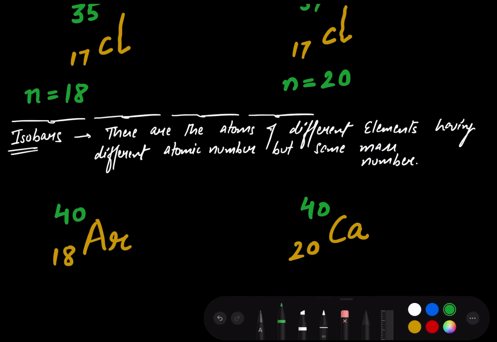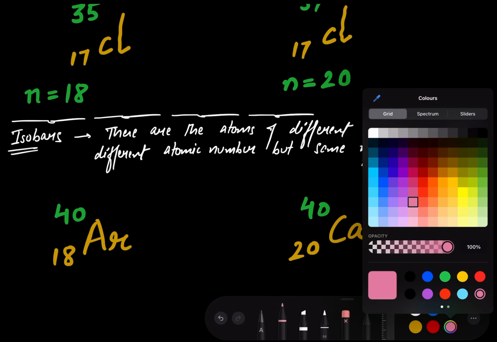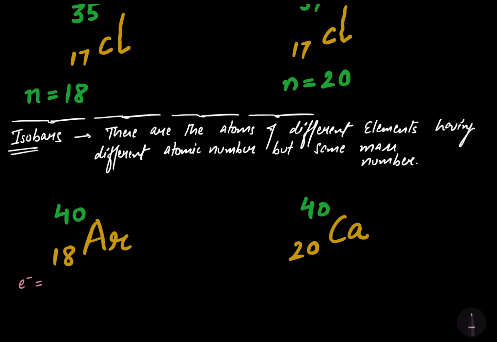Let me calculate this for you. The number of electrons in argon is 18, so the number of protons will also be 18. The number of neutrons will be 40 minus 18, which comes out to be 22.